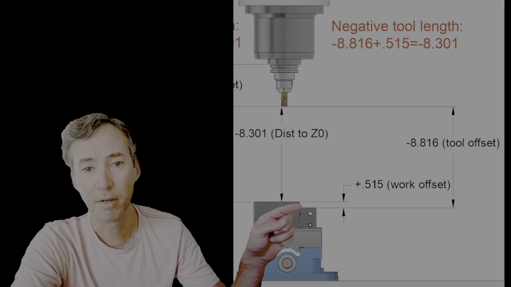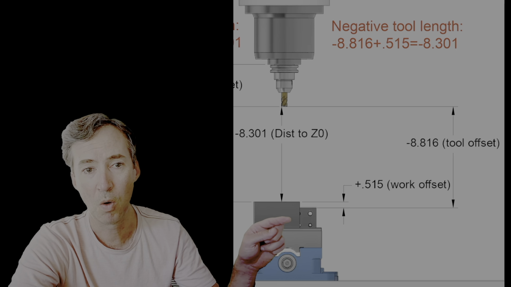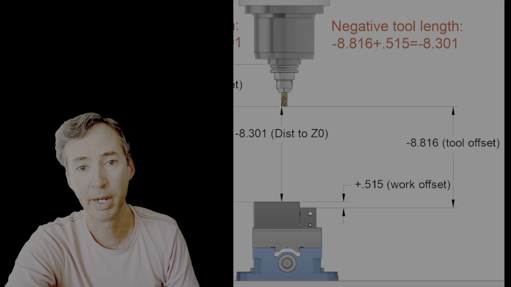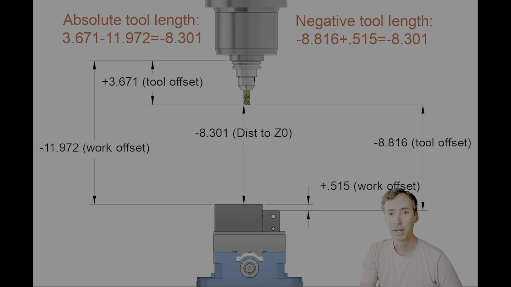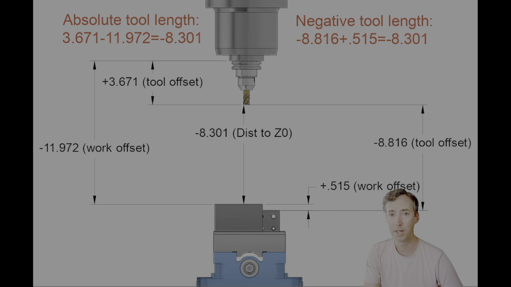Now keep in mind, if the top of the workpiece, which we're calling Z0, is below our reference point, then that work offset would be a negative number. And again, just to look at both of these simultaneously: on the left we have our absolute tool length, where the tool is the gauge length, and that's what's going to go in as your tool offset, and then we have a big negative number for our work offset.